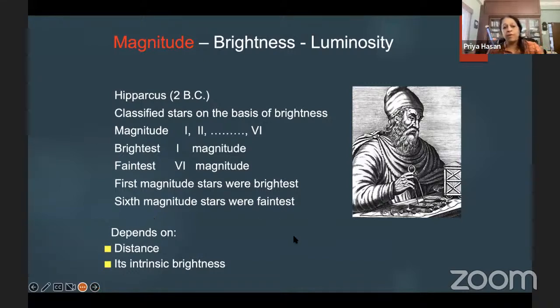Now, to measure this brightness, there was a scale which was given a long time back, and that's the magnitude scale, which was used to define the brightness of stars. Way back in BC, Hipparchus classified stars on the basis of their brightness. He called stars magnitude 1, 2, 3, 4, 5, 6, where 6 magnitude stars are the faintest. You start off with first magnitude stars, which are the brightest.